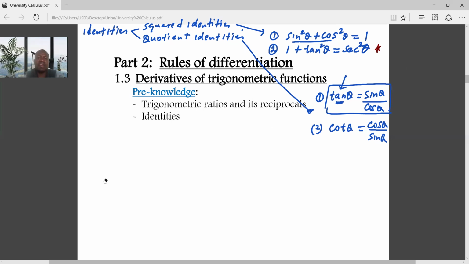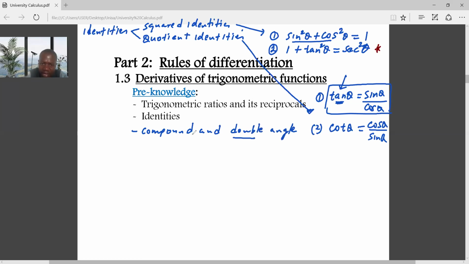And one other thing, guys, is being able to familiarize yourself with compound and double angles, the ones that you learned in grade 12.